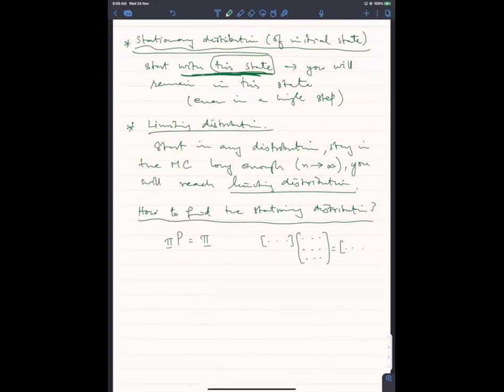This is a 1x3 matrix, and when you multiply it with a 3x3 matrix, you end up getting a 1x3 vector. So what I want is a pi which, when multiplied by p, gives you the same pi. How do I do that?